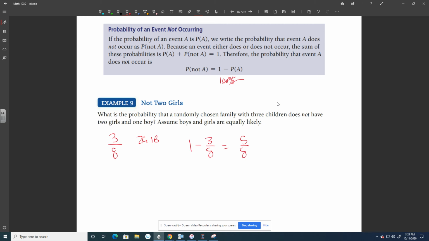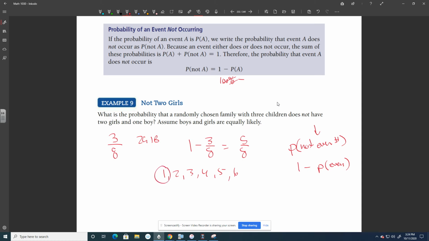So you can take 1 minus the probability of it happening, or you can just count the different ways that it doesn't happen. For example, if I wanted to know what's the probability of not rolling an even number, what are the chances of not getting an even number? Well, if I look at a die, there's 1, 2, 3, 4, 5, 6. I can take 1 minus the probability of getting an even, or I can count how many are not even, which is how I like to do it a lot of the times.